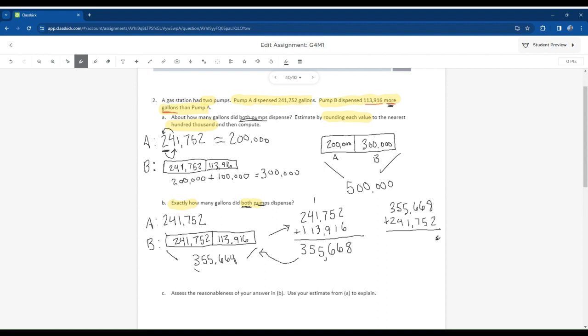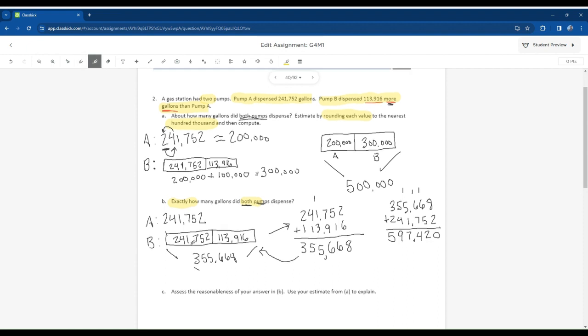So 8 plus 2 is 10. 1 plus 6 is 7, plus 5 is 12. 1 plus 6 is 7, plus 7 is 14. 1 plus 5 is 6, plus another 1 is 7. 5 plus 4 is 9. And 3 plus 2 is 5. To make 597,420.